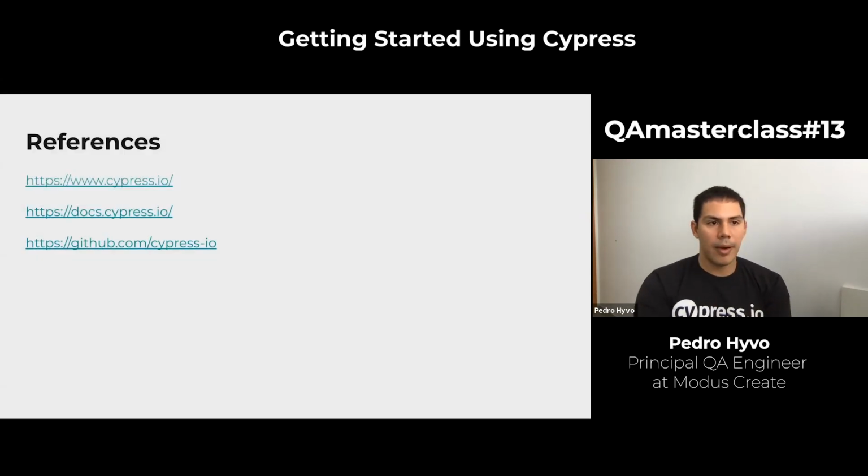Here are a few references for you guys. Check out the GitHub repository of Cypress, which contains a lot of examples and recipes that you guys can easily find. Then the documentation, their official website URL.